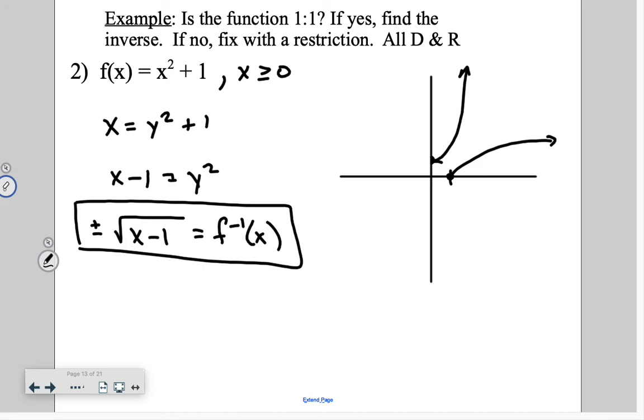We said x is greater than or equal to 0 for the domain of the original, which means the range of this function is going to be y is greater than or equal to 0. How does that affect this? What does that eliminate? Gets rid of the negative part of it. We're not going to sketch in the bottom half because we restricted the parabola to half a parabola, so we're restricting it to just half of a square root, just the positive part. And hopefully you can see your reflection right there.